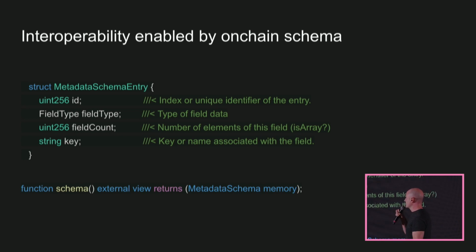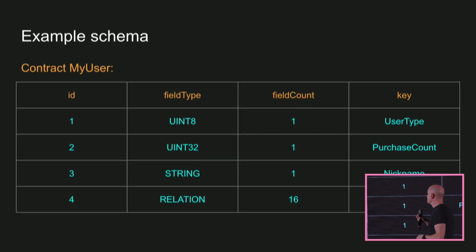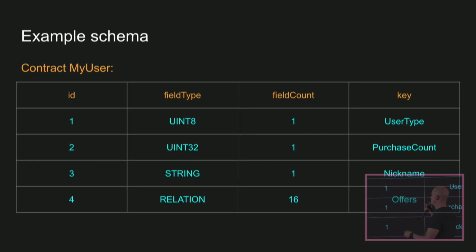A field count, so I could say I have 8 uint256s, so now it's a static array. And then a key, a human readable key, so I can look these things up, or so I can generate an ABI just from reading the metadata on-chain. And you add this function. So at the bottom here, if you can see the schema function, you add this function to your 721. Now you're allowing introspection.